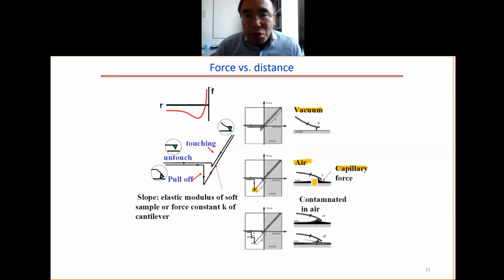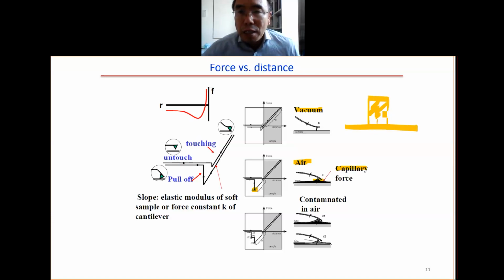So why do we have this liquid on the tip? Well, I think many of you have taken a surface and interface course. If you have a structure like this, which part is easier to get water condensation? If you have learned surface and interface, you see that this part easily gets water condensation.